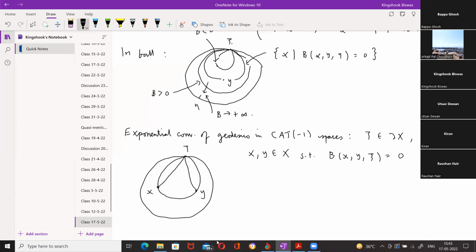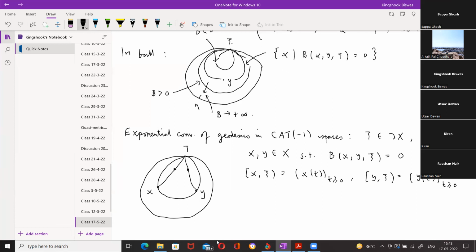Then the claim is, if I look at the points at distance t along this, let me call this geodesic ray xξ equal to x_t, t greater than or equal to 0, and the geodesic ray yξ is y_t, t greater than or equal to 0.